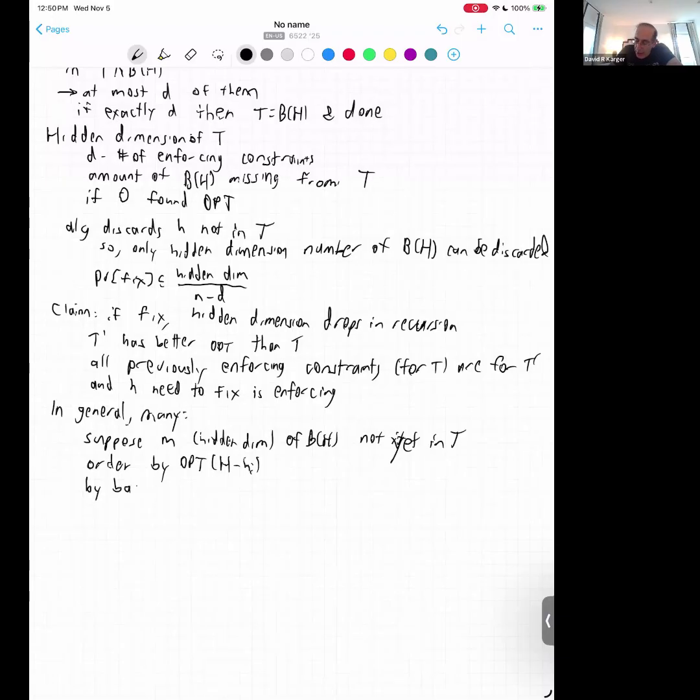By backwards analysis, we're equally likely to leave any one of them out. So we're equally likely to pick any one of them.